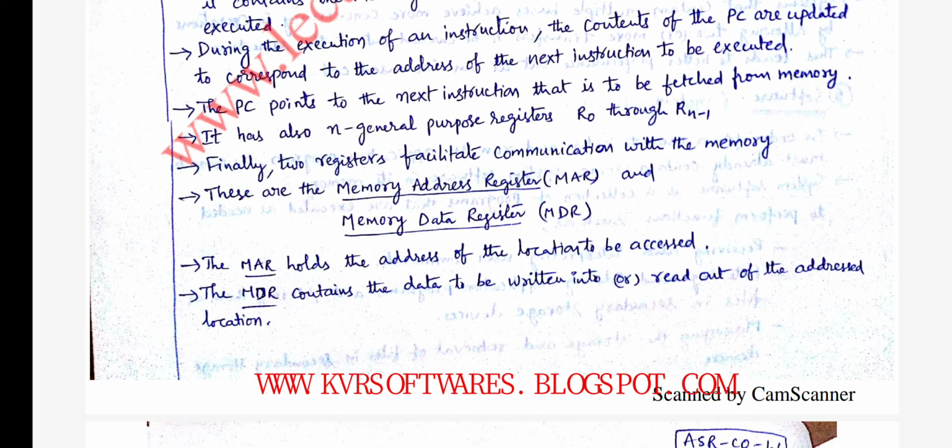The memory address register means the location of the content, the address of the content where it is stored in memory. That is MAR. The memory address register always contains the address of the content in a memory location. MDR always contains the content stored at that address location.